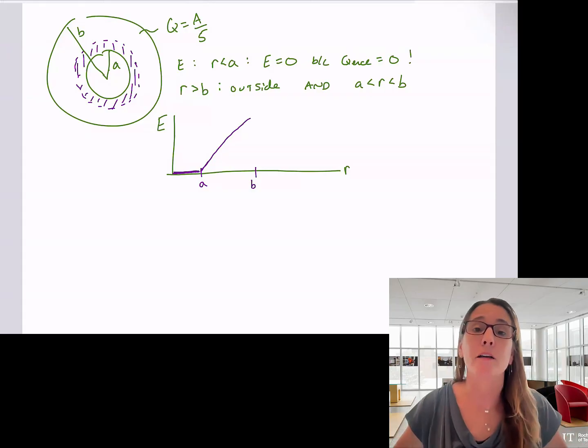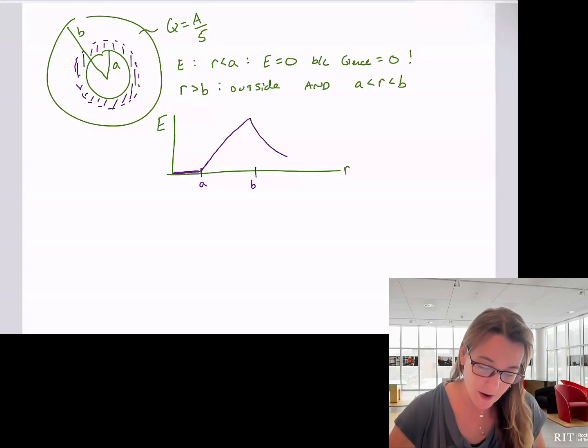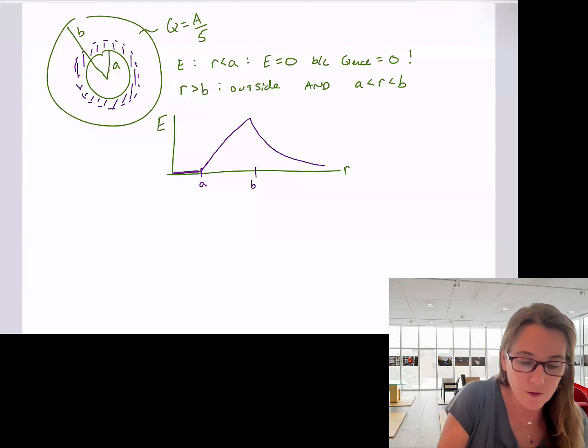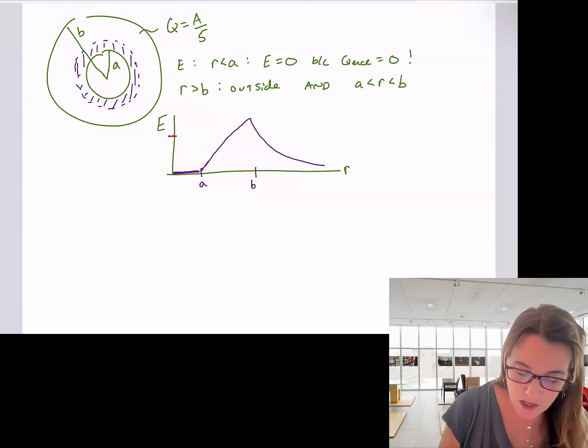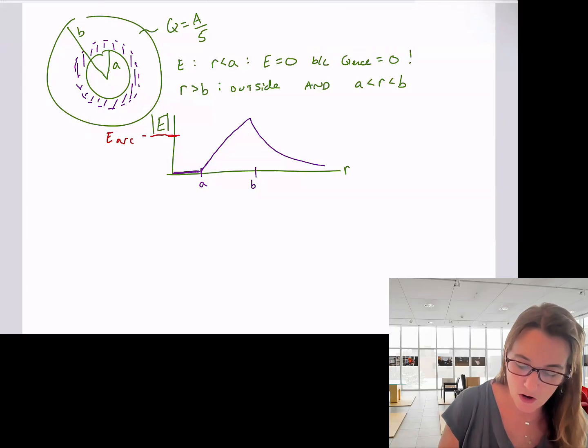And then outside, remember that spherically symmetric charge distributions just look like point charges when you're outside of them. So it's going to drop off outside just like a point charge. So if we're trying to find some magnitude of E, and if this is my magnitude of E, we want to find some value where this is equal to the E from the arc.